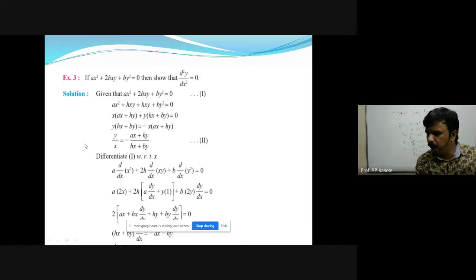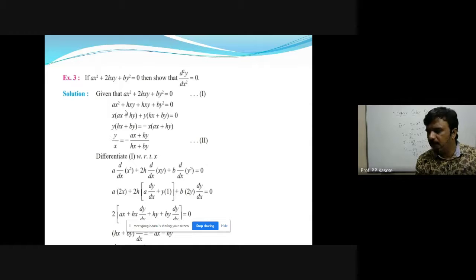It means that what we got is y into hx plus by is equal to minus x into the bracket ax plus hy. We are trying to get the value of y upon x. What for? That you will come to know afterwards. Why we are finding out the value of y upon x and when we have to use it, that you will come to know afterwards.